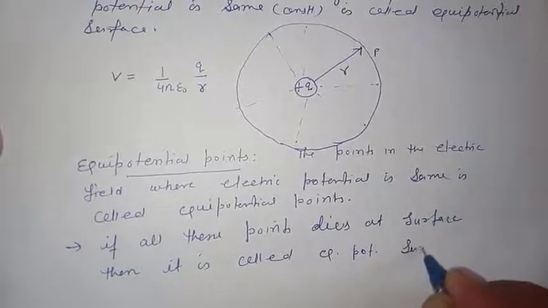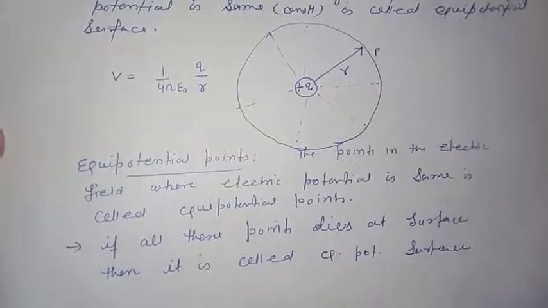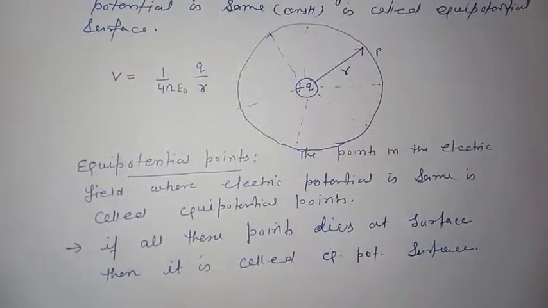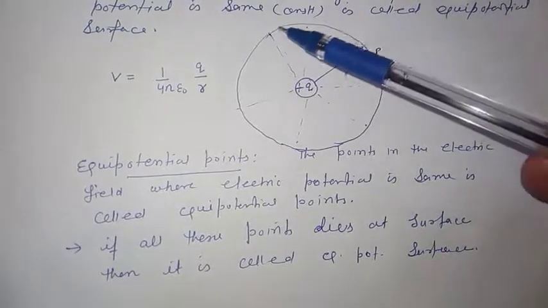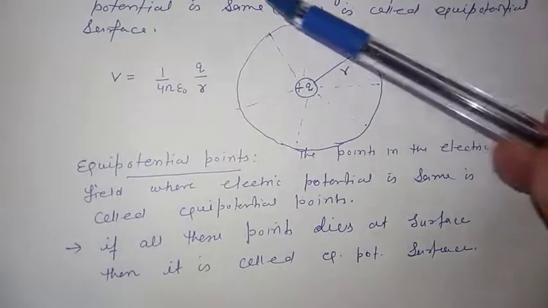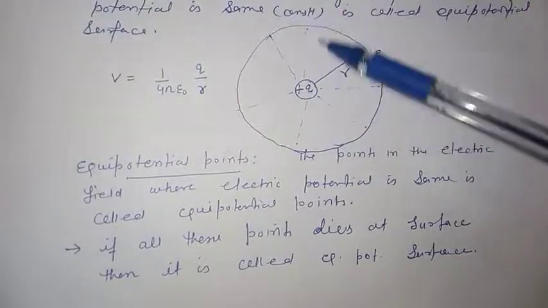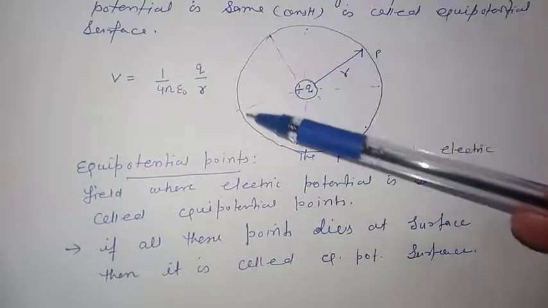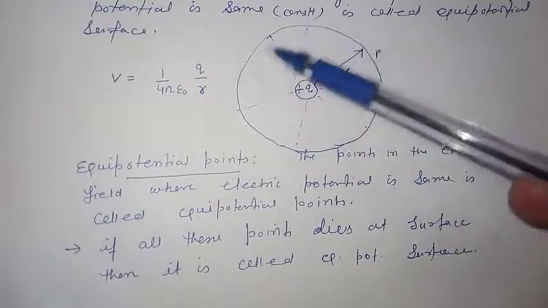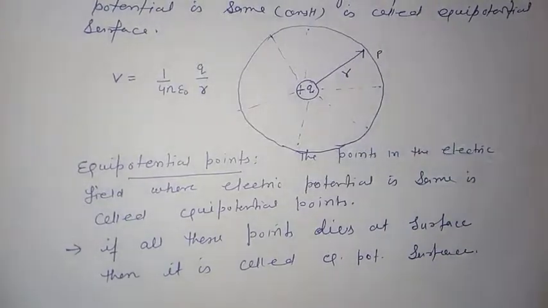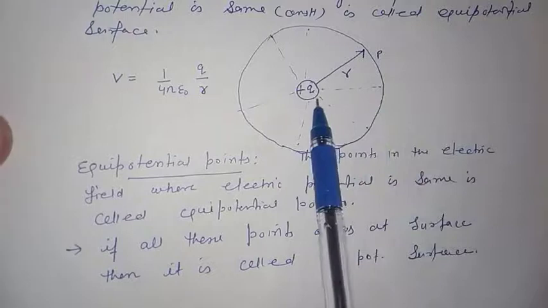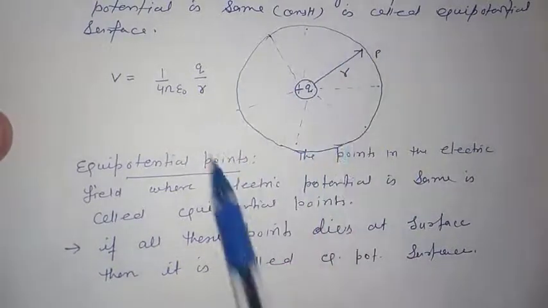In this way, the shape of the equipotential surface for a single charge is spherical. It should be kept in mind: the shape of the equipotential surface for a point charge will be spherical in nature.